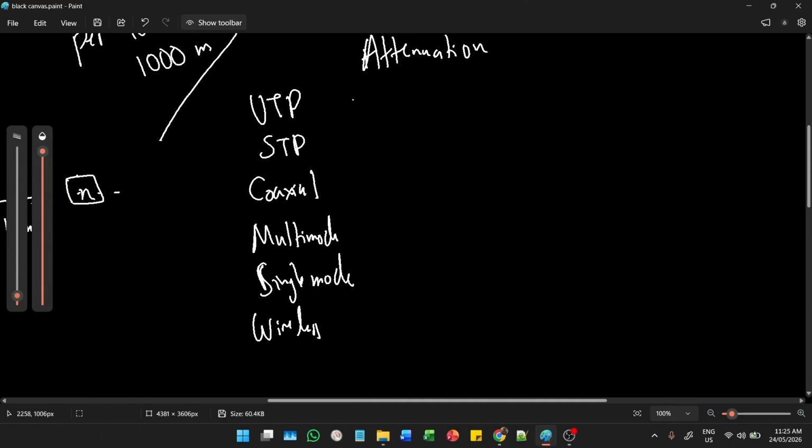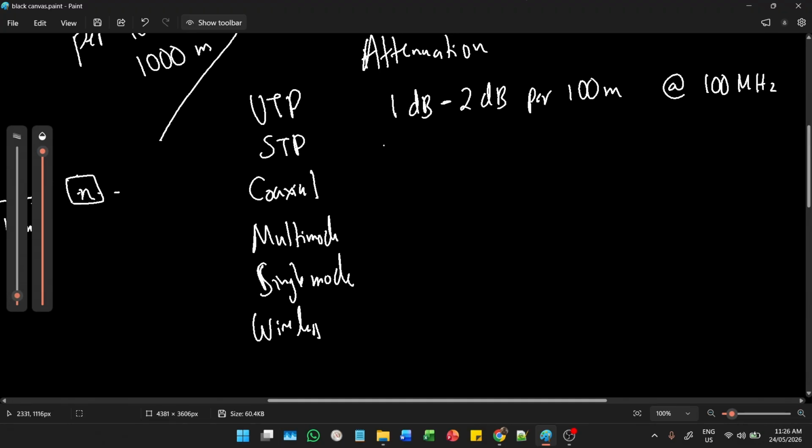UTP has an attenuation of 1 decibel to 2 decibels per 100 meters at 100 megahertz. So if the signal's frequency is 100 megahertz, per 100 meters it loses 1 to 2 decibels.